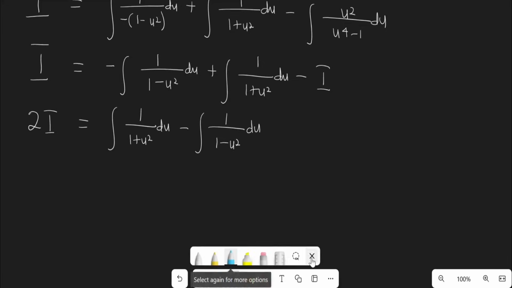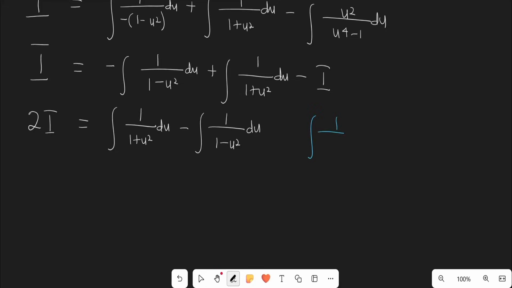So we know this. The integral of 1 over 1 plus x squared dx is the arctan of x, right?